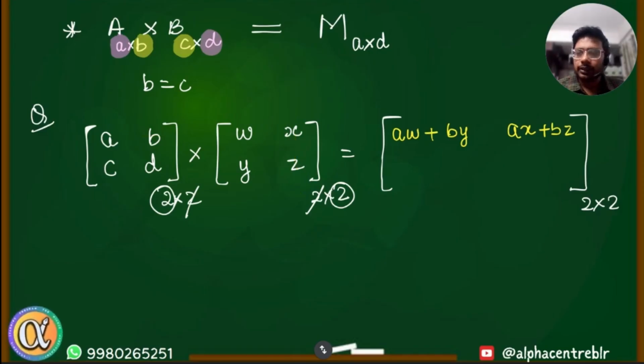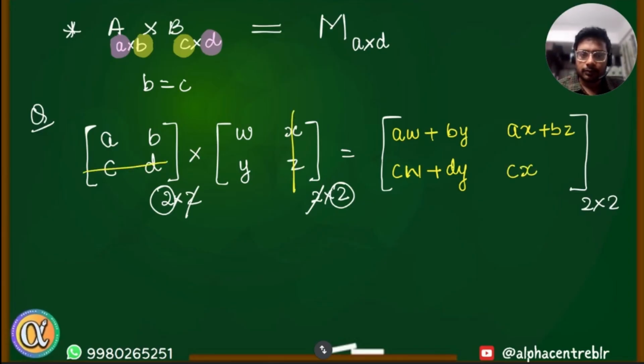Then down, same thing: C into W and D into Y. And then C into X plus D into Z. Very good. So this is how we multiply the two matrices.